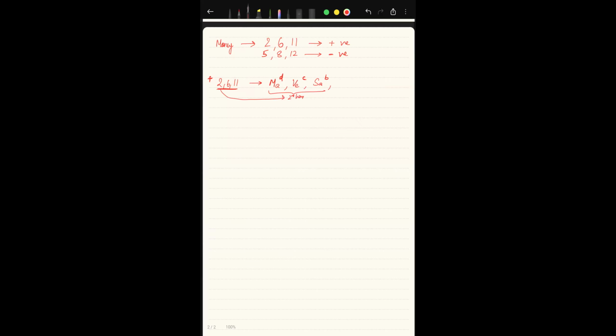Mars, Venus. Okay. Mars in D, and then Venus in C. Mars again in B, and Venus in A. See, if the planet is repeating, you can use the highest power.